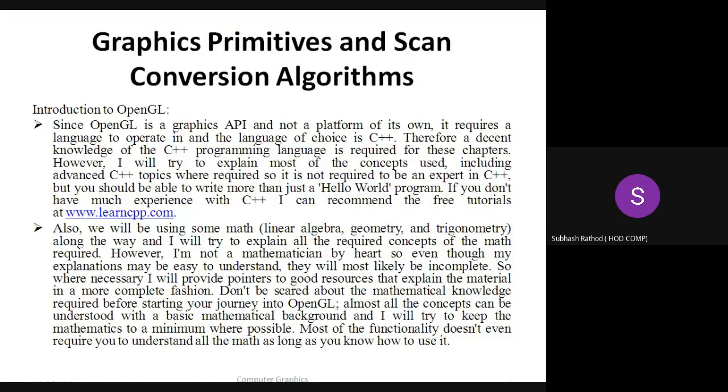So again, we have seen the introduction of OpenGL. It's a graphics API and not a platform, right? It requires a language to operate in, like C or C++. It also supports Java and Kotlin. If you want to perform the practical, this is more practical based. By using the OpenGL API, you should have the knowledge of C and C++.